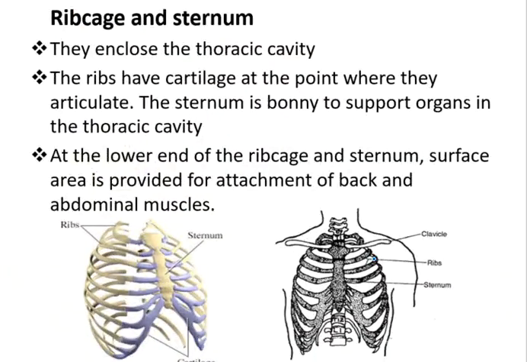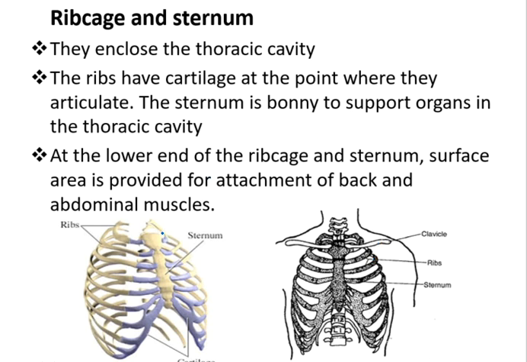Then next we have the ribcage and sternum, and they enclose the thoracic cavity, and the ribs have cartilage at the point where they articulate. The sternum is bony to support organs in the thoracic cavity.